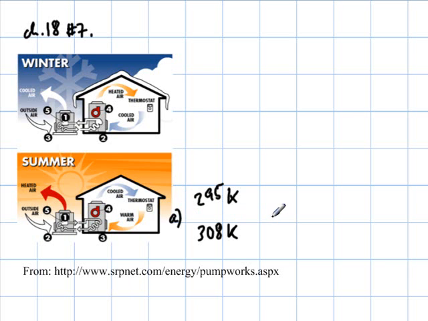So this would be our part A, where the amount of work needed is the energy that is being moved, and they just take a token 1 joule, times the temperature difference, 308 kelvins minus 295 kelvins, and divide that by the cold temperature, 295 kelvins.